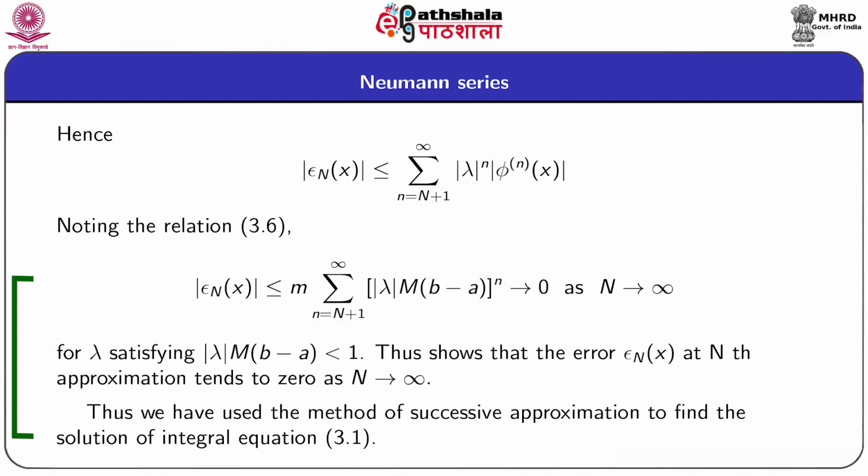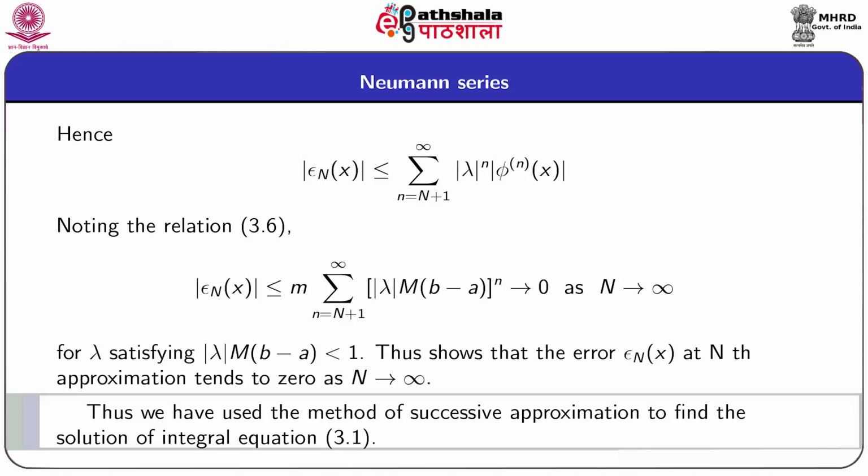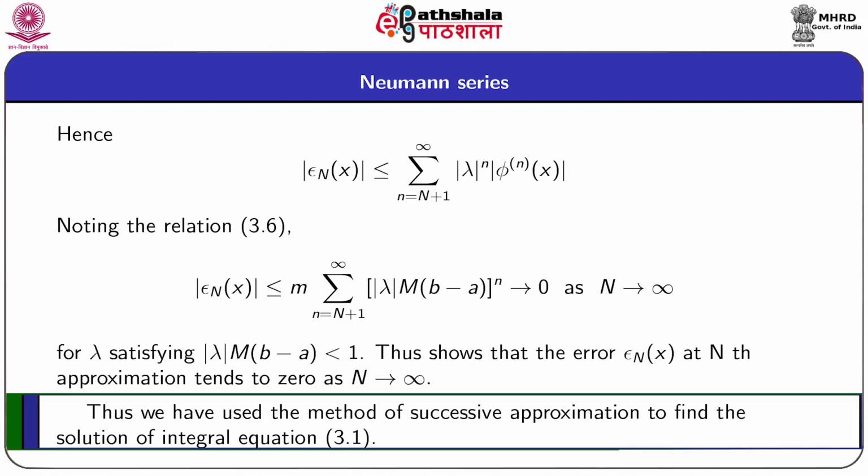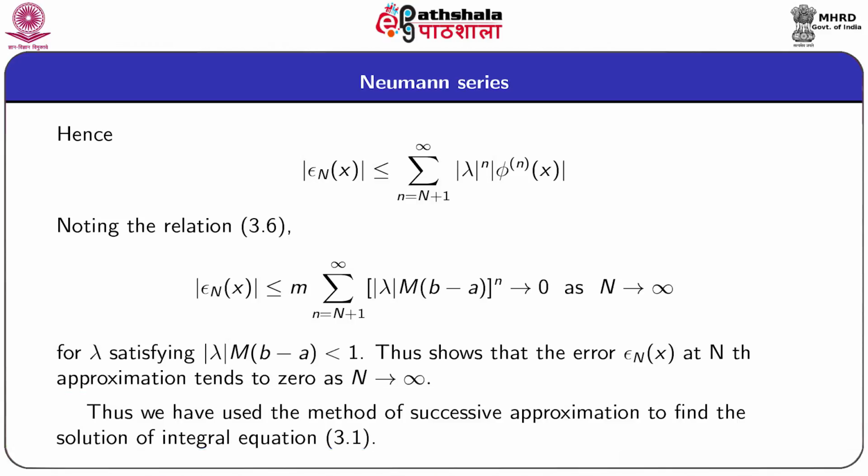So, it tends to 0 as capital N tends to infinity for lambda satisfying the condition 3.9. This shows that the error epsilon N x at the Nth approximation tends to 0 as capital N tends to infinity. So, we have used successfully the method of successive approximation to find the solution of the integral equation 3.1.